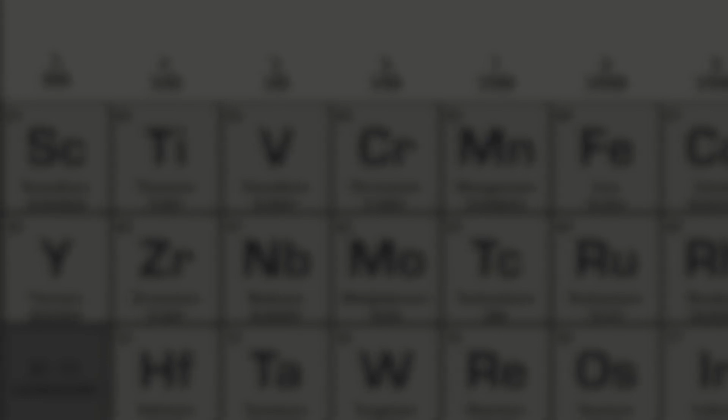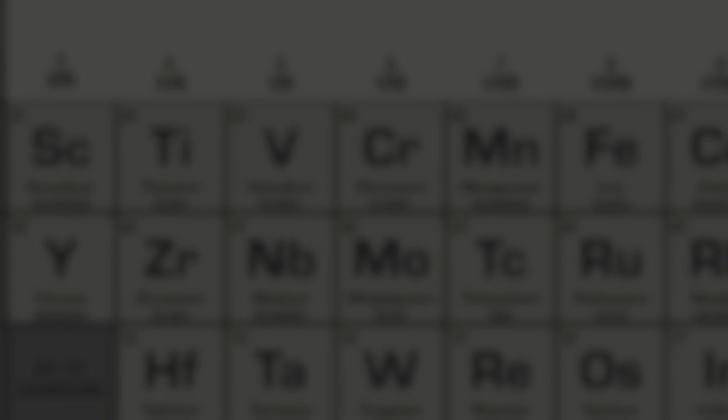Transition metals located in the d block also have numerous applications. Their ability to exhibit multiple oxidation states and form complex ions makes them valuable as catalysts in industrial chemical reactions.